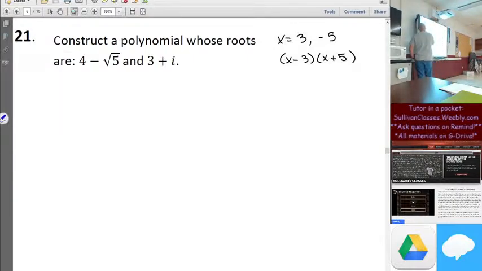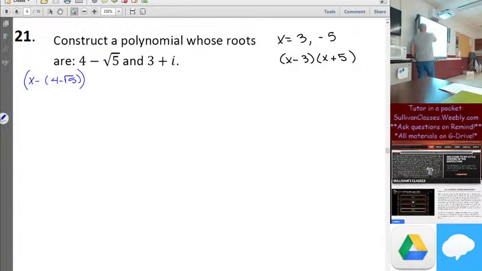You can go completely distribution bonkers on it and say x minus this thing. If 4 minus square root of 5 is a 0, what else has to be?